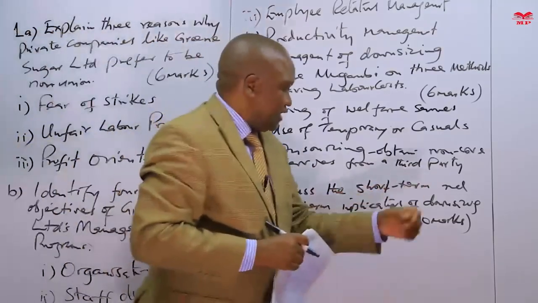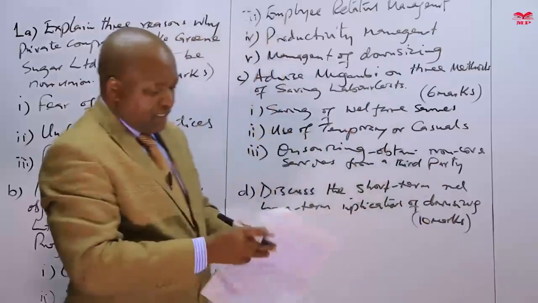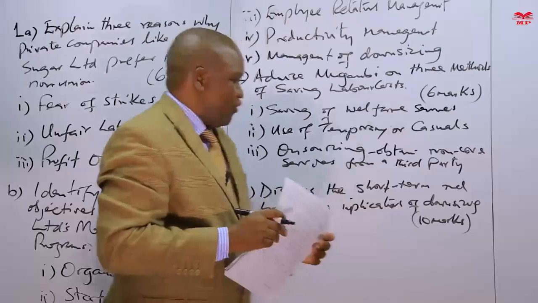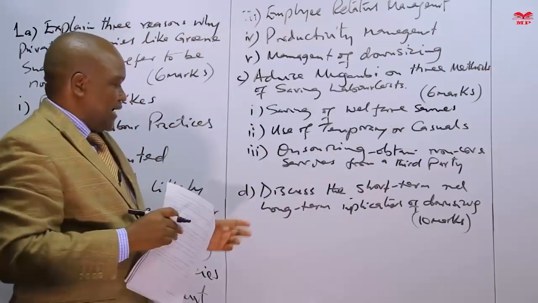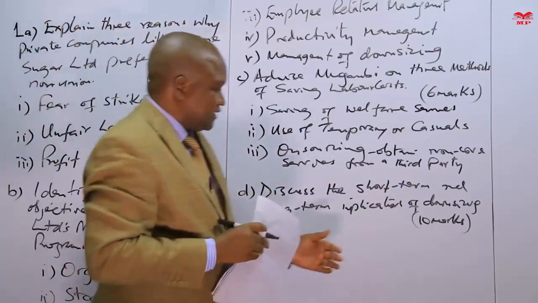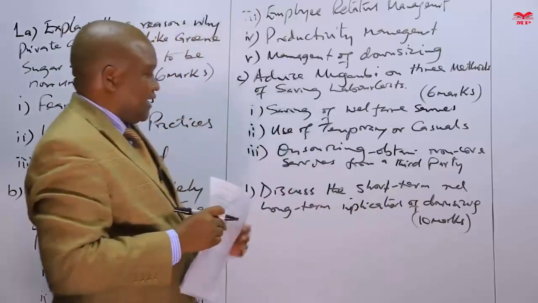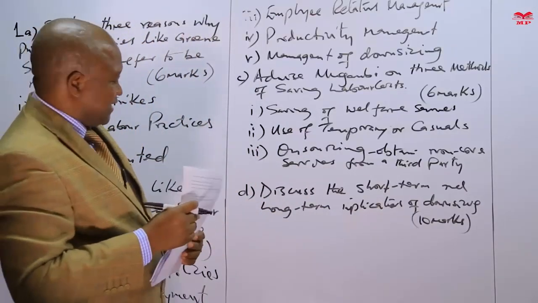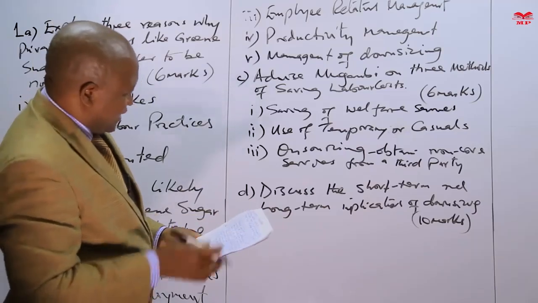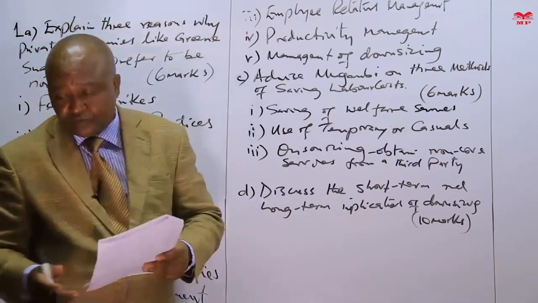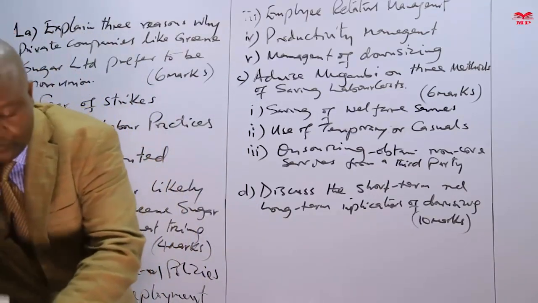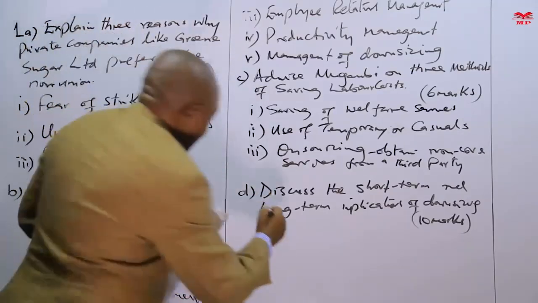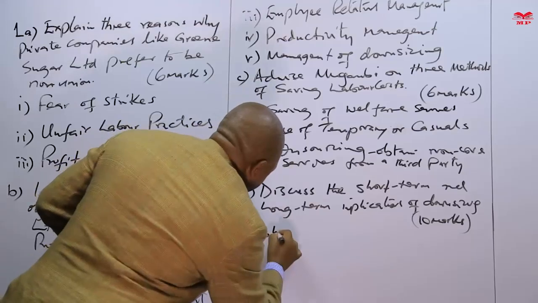The short-term implications are the ones which the organization is likely to face in the very beginning when the downsizing is done, and the long-term are the implications that are likely to occur, say 3 to 6 months going forward after the downsizing process has been completed. So there are two parts of the question which the candidate is expected to look at, and we will look at the short-term implications first.